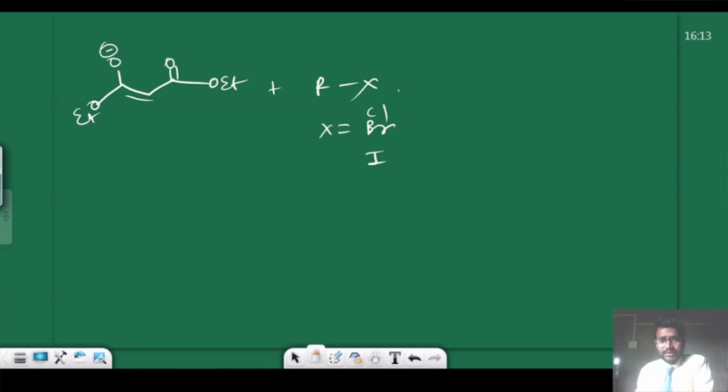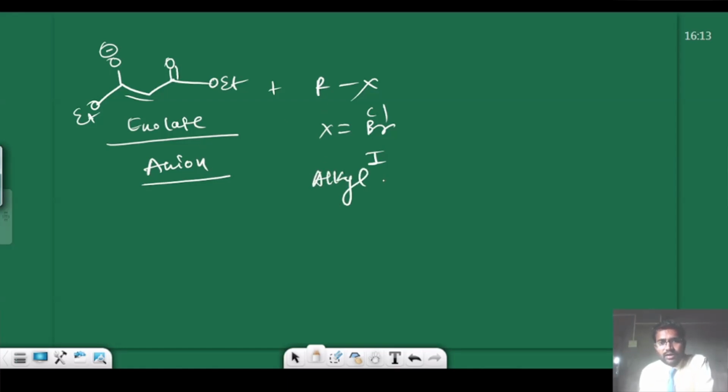When we react this enolate anion with the alkyl halide, simply a substitution reaction will happen like this.